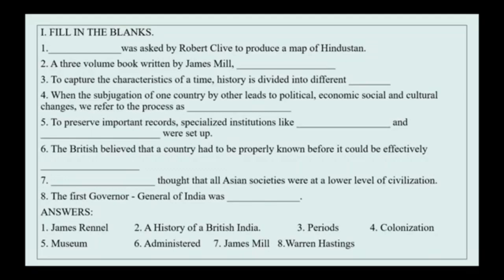Who thought that? J.S. Mill. J.S. Mill thought that all Asian societies were at a lower level of civilization. Next. The first Governor General of India was Dash, Warren Hastings.